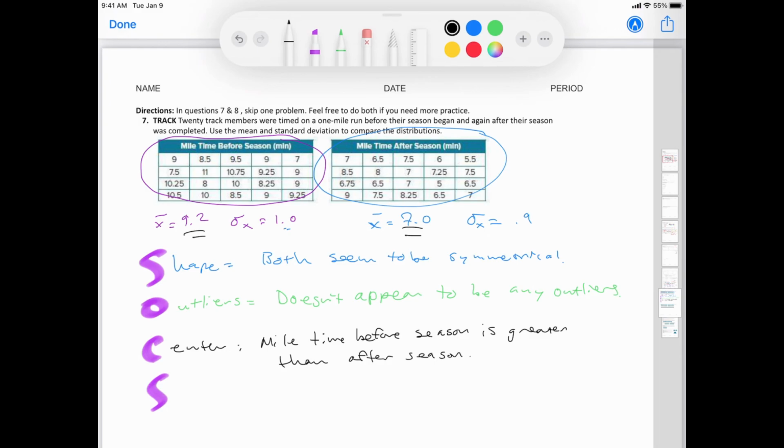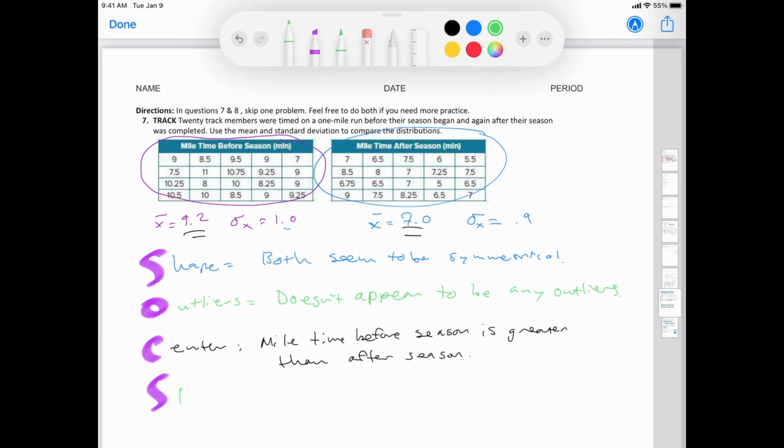Okay, you have to think about this in context because those 20 track members, it makes sense, right? As you get in shape, you've just been hanging out on the couch all summer long, and then you start training every day. Then at the end of the season, you're in tip-top shape, and so of course your scores are going to be lower. So we expect before season, you're kind of slow, and then you work hard, and you got faster times.